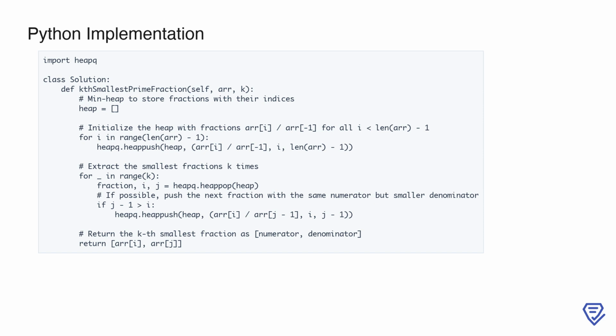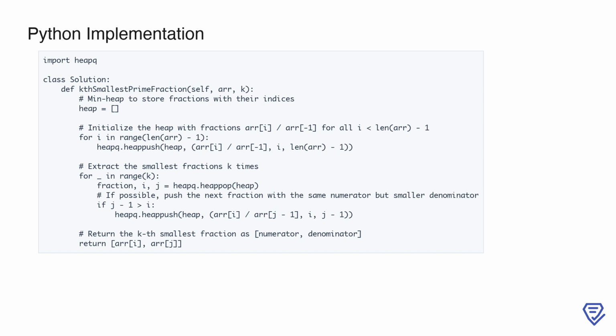A min-heap is used to maintain the smallest fractions. Initially, the heap is populated with fractions of the form arr[i]/arr[-1], the smallest prime divided by the largest, for all valid numerators. Each heap entry is a tuple: fraction_value, numerator_index, denominator_index, where fraction_value is the evaluated fraction value.